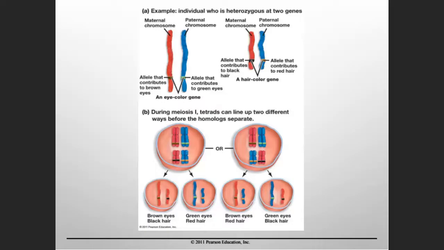So when these separate, this one is going to have brown eyes and black hair. This one is going to have green eyes and red hair. This one over here is going to have brown eyes and red hair. And this one over here will have green eyes and black hair. So those are different ways of random assortment of homologous pairs going into different daughter cells. Okay?